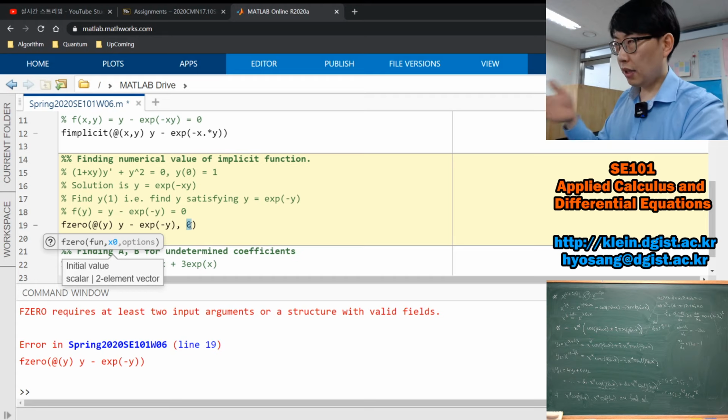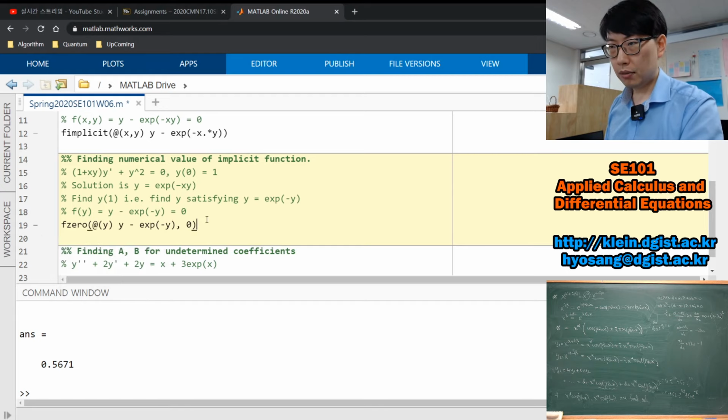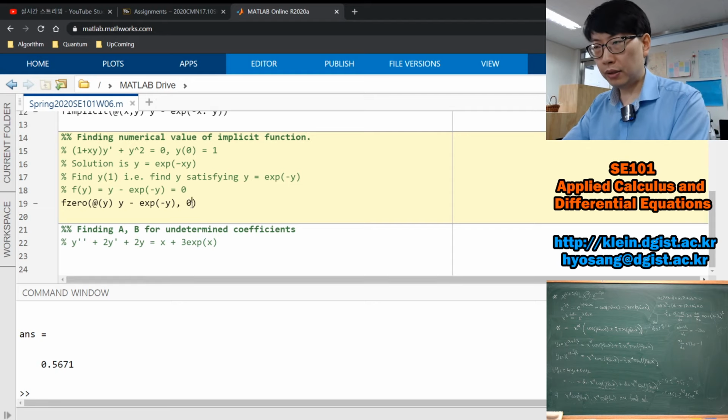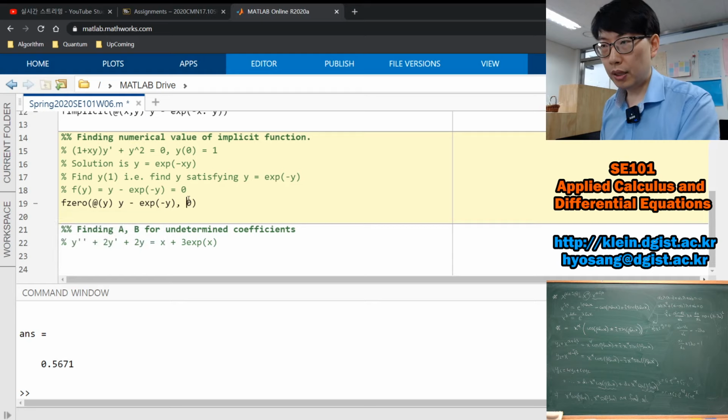But if it's not, then it tries to find the closest root to 0. You can change this 0 to another value, but it will give the root next to the initial value. If I put 1, probably it will give the same root, because I think there is only one root here. But anyway, you have to put the initial point here. This is important.